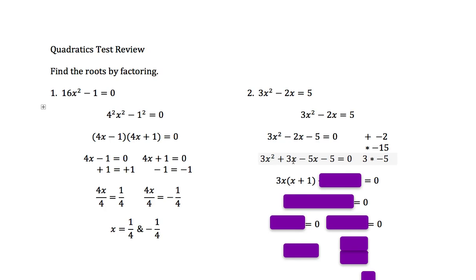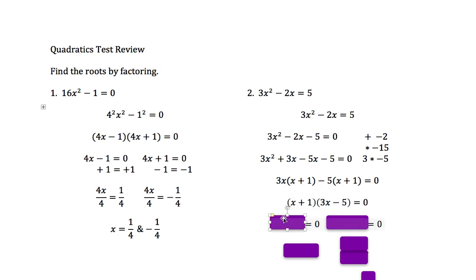So for these 2 groups, we will have 3x, and then we'll multiply by x plus 1. And over here, we can factor out a negative 5. And so when we factor out negative 5, we get x plus 1. All right. So now, both of these terms, we can factor out an x plus 1. And what we have left is 3x minus 5.